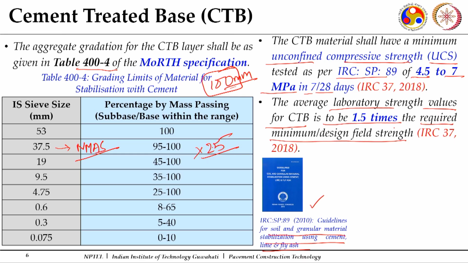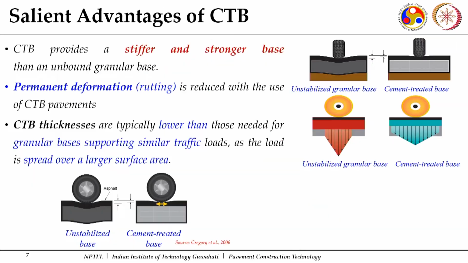So, at the laboratory, when you are designing, you should get at least a value which is 1.5 times the minimum values you are looking for in the field. This is to be ensured, because definitely that controlled environment cannot be followed in the field. So, we want to have a factor of safety, because of which we want the laboratory strength to be at least 1.5 times what we have in the field.